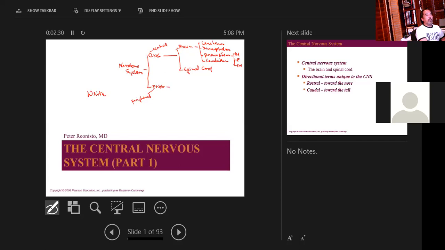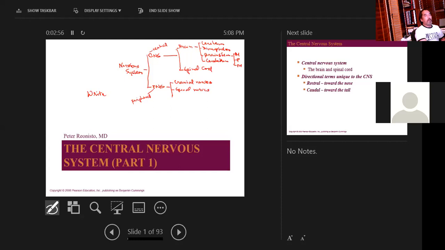But today we're going to talk about one of the PNS called cranial nerves. So when you say PNS, peripheral nervous system, these are the nerves that exit out from the CNS. Okay, so the nerves that comes out from the brain, we call it cranial nerves, and then the nerves that comes out from your spinal cord, we call it your spinal nerves.